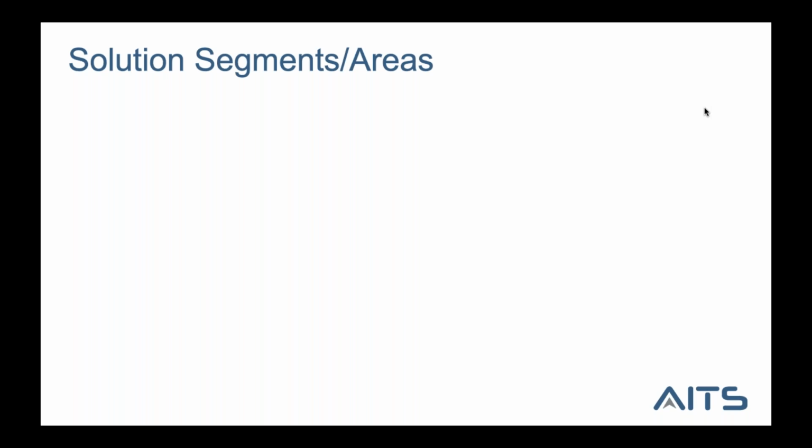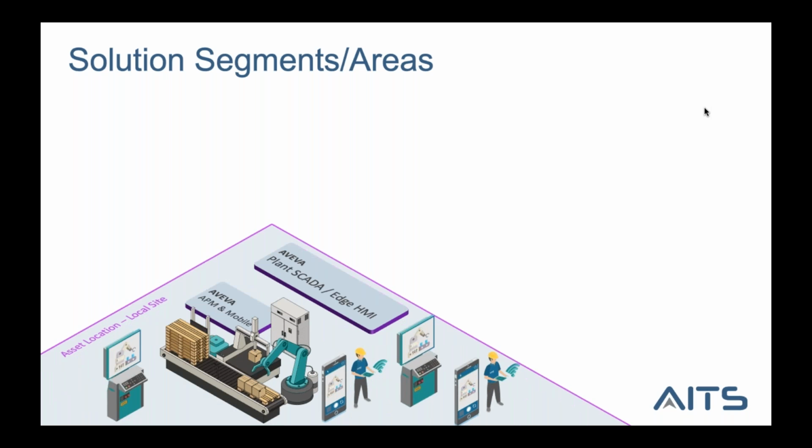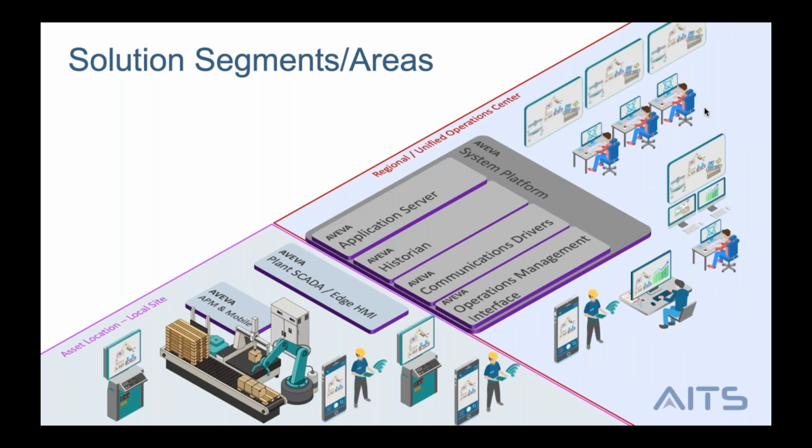From a deployment perspective, we have different types of areas where solutions are deployed. Starting with applications that are deployed near the assets, thinking about edge applications, maybe asset management, or maintenance operation applications or solutions.